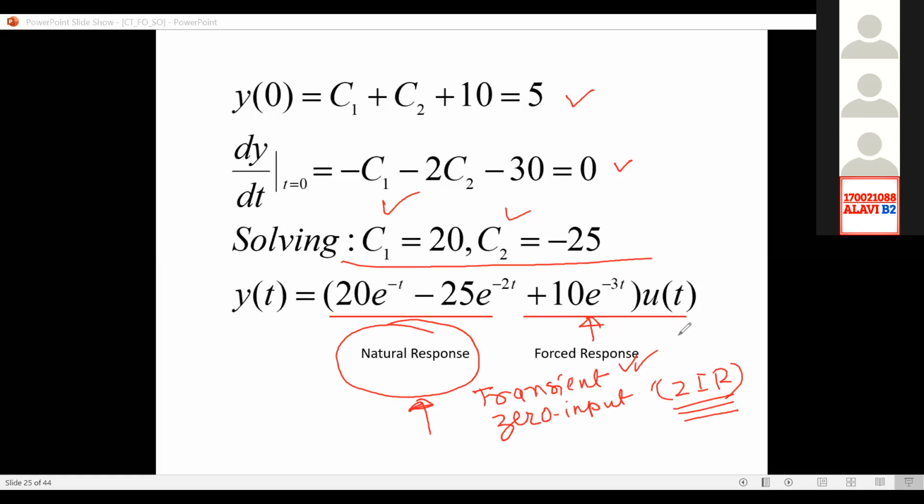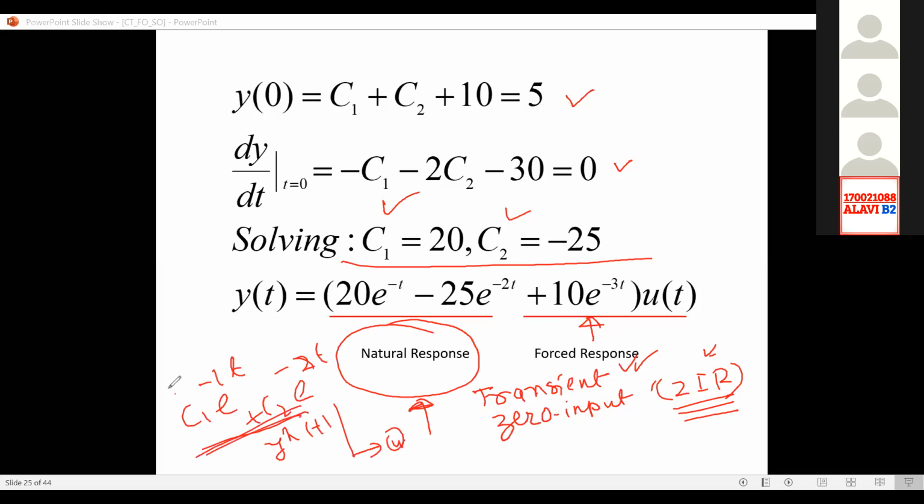You can find how to find the ZIR. When we obtain the solution C1 e to the power minus 1t plus C2 e to the power minus 2t, we obtained y_h(t). At this point, if we apply the initial condition, then we will obtain a solution there.